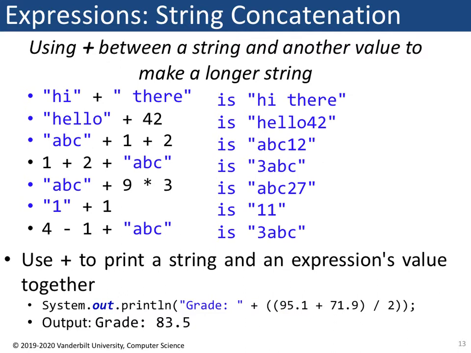And then the output would look something like this. "Grade: 83.5". So using plus to concatenate a string and an integer value or a real value is very helpful when needing to display something to the screen using print or println.